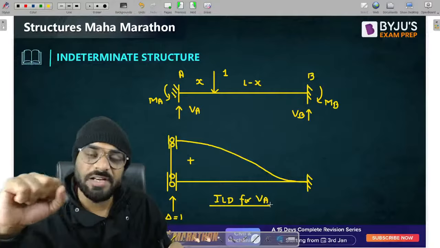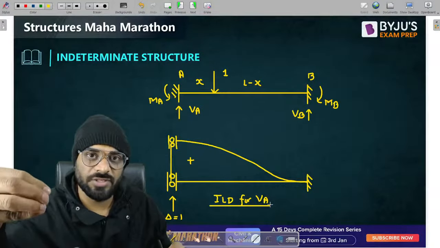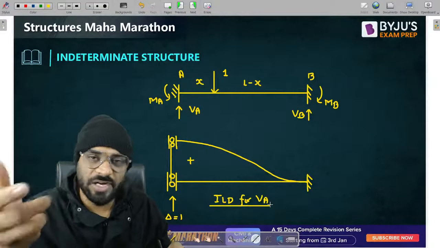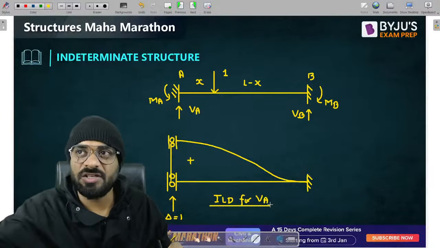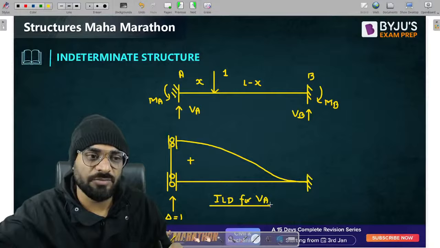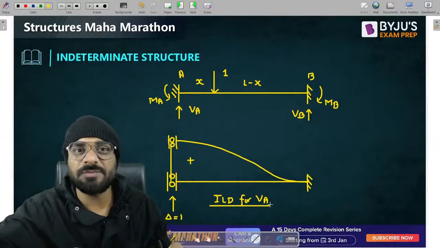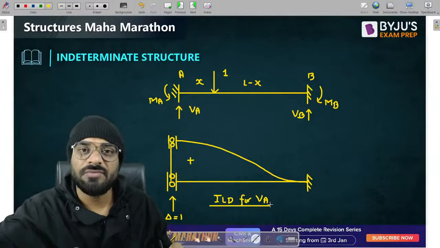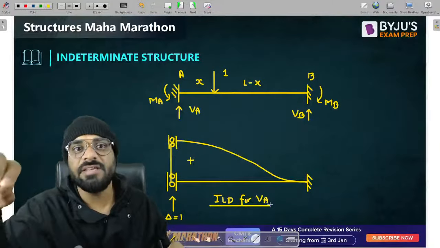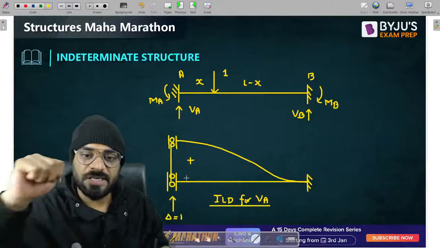If you draw the ILD using the Mueller Breslau principle for a determinate structure, you are still able to find the values using similar triangle concepts, in the case of triangular or rectangular shapes. So it is very useful to use the Mueller Breslau principle in the GATE examination, but using mathematics or geometrical shapes, we are able to find the values also. Getting a point? Okay, now this is the ILD for VA.